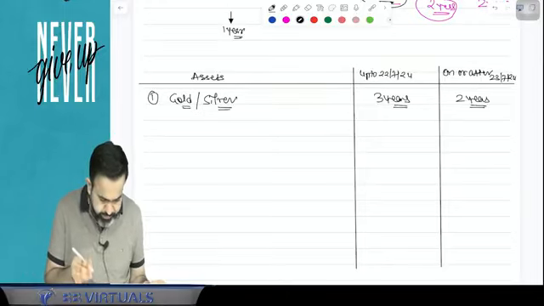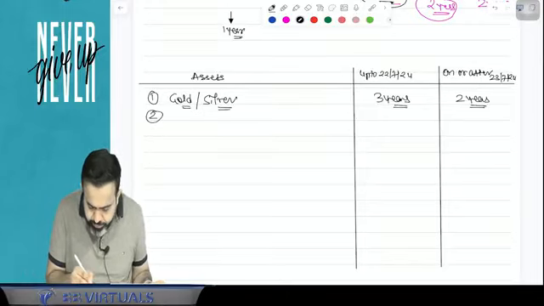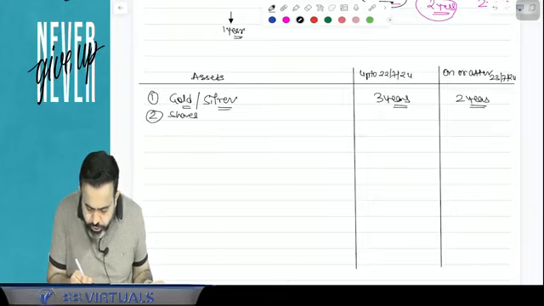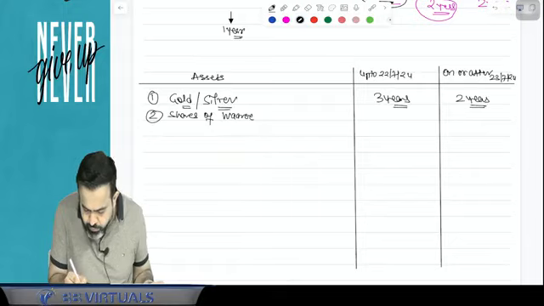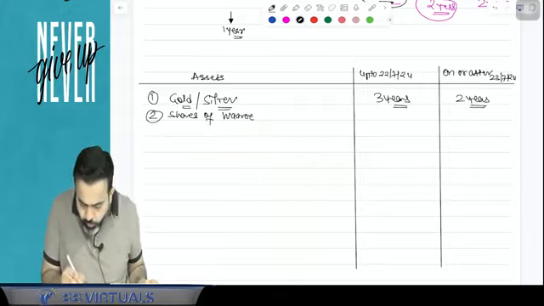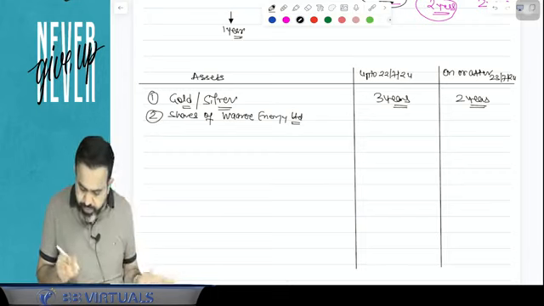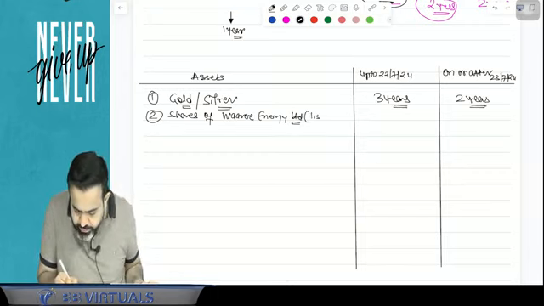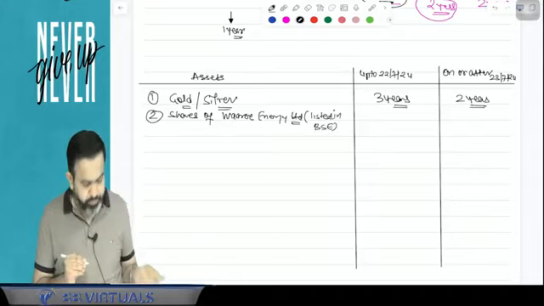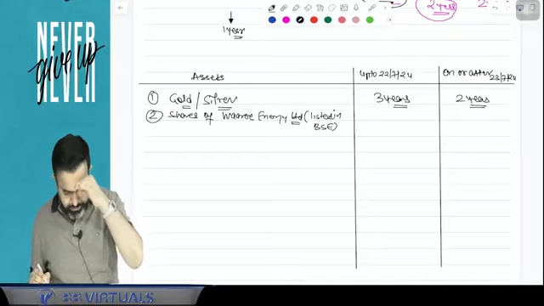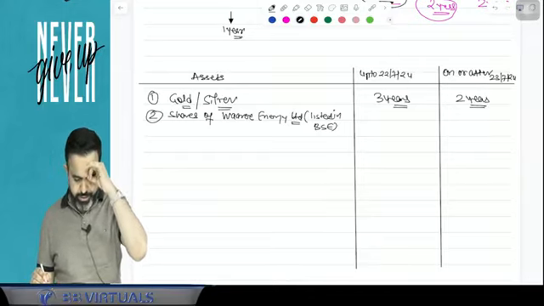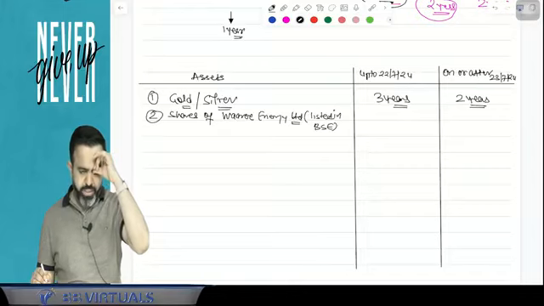Now second asset. Second is, suppose I am having shares of one company, name is Vari Energy Limited. And these shares are suppose listed in Bombay Stock Exchange. Vari Energy Limited, a listed company, shares are listed in Bombay Stock Exchange.